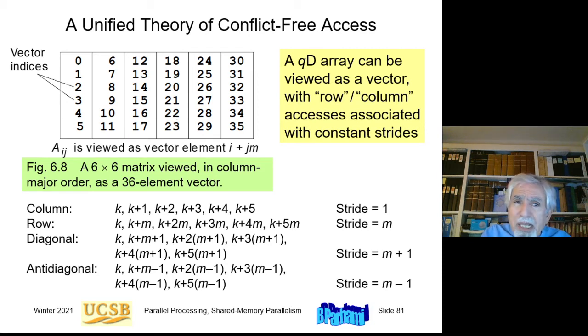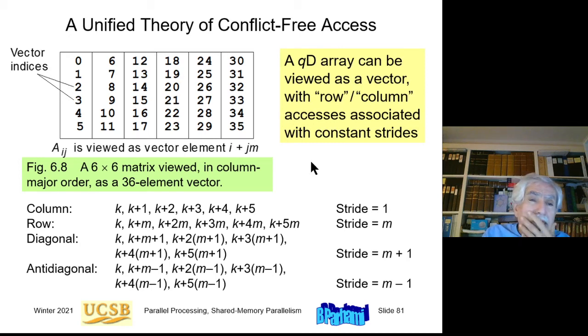In some matrix algorithms, we are also interested in accessing the diagonal elements. In this case, the stride is m plus 1, or 7: 0, 7, 14, 21, 28, 35. And anti-diagonal elements, the stride is m minus 1: 5, 10, 15, 20.